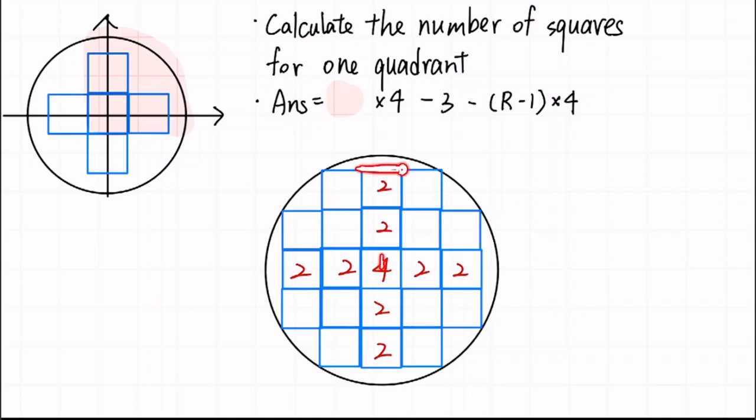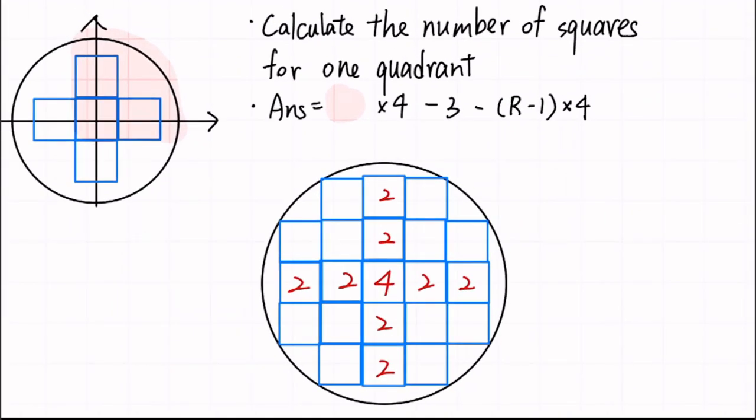So for x equal to 0, we can find the maximum point, which is this point, that is still within a distance of r from the origin. And we can increment the count for each value of x.